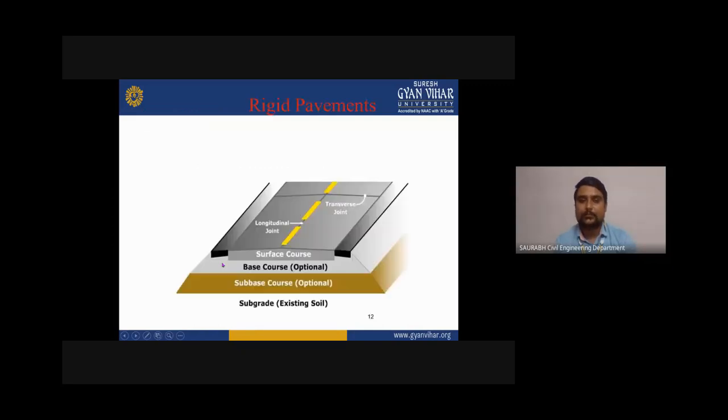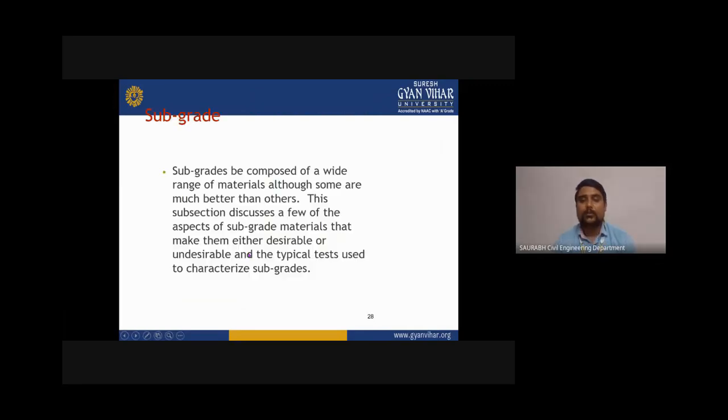Although now you can see this is the cross section of a rigid pavement, and there at the bottom there will be subgrade which will be existing soil, and sub base course is optional in the rigid pavement, and it may also be made of aggregate, and there is also base course, it is also optional, and this is your surface course which is made of some materials that are much better than others.